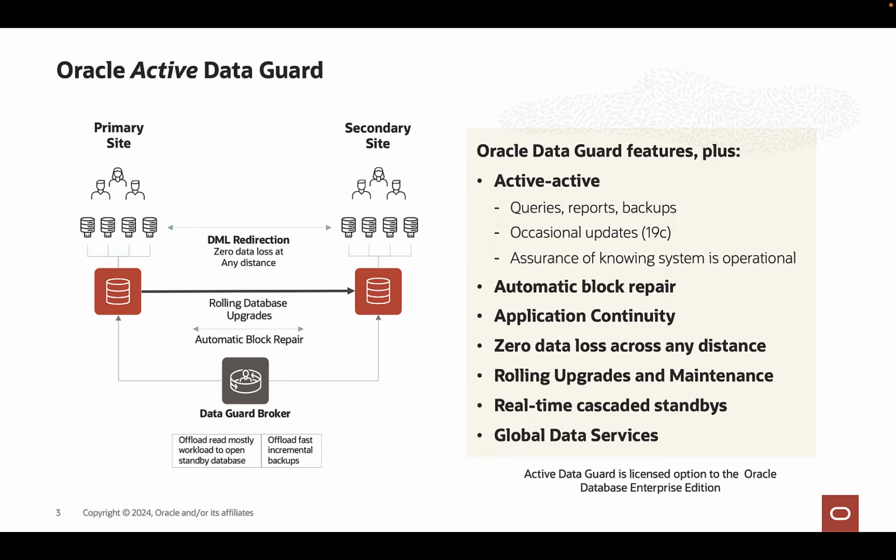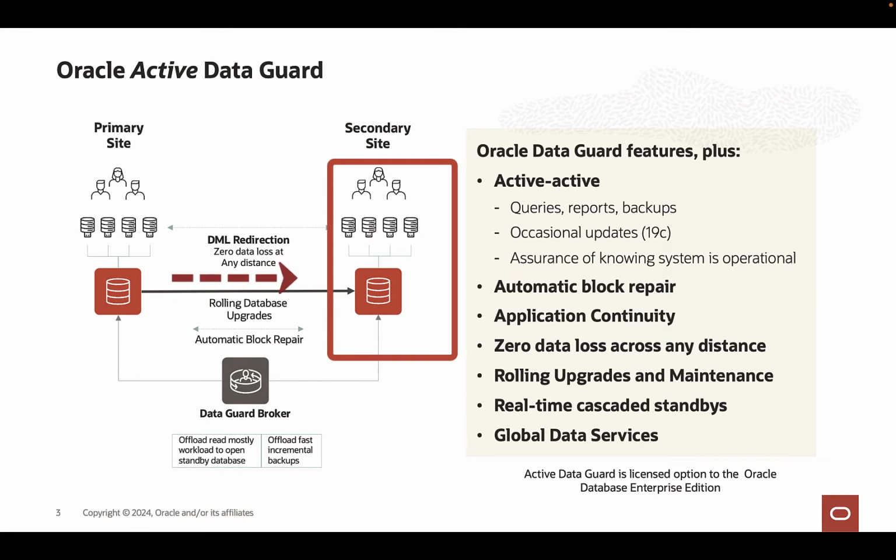Active Data Guard enables read-only access to a physical standby database while redo apply is active. Queries and reports can be offloaded from the production system to a synchronized physical standby database. During regular operations, Active Data Guard allows us to open up the standby site to take on workloads such as reporting, analytics, backups, queries, and as of database version 19c, occasional write workloads as well.